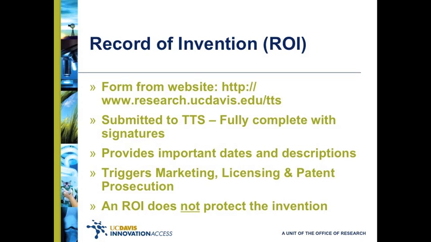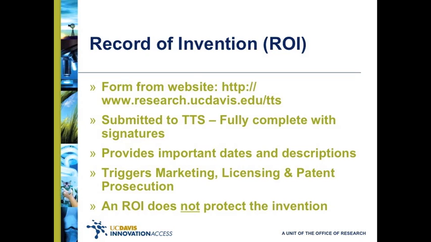It also describes who it is believed to be the inventors. It provides important dates of invention, and it allows the University Tech Transfer Office to evaluate that invention for patentability and to determine marketability and whether or not it is likely that there would be an interested licensee.